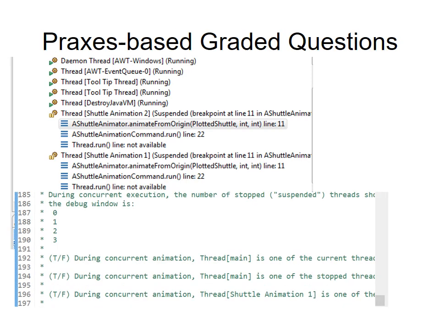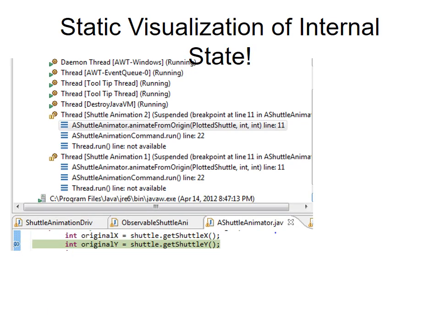And to reinforce the right things, I ask them questions afterwards: okay, how many threads were there? What were the threads? What were they doing? So that it drives home that there are actually these threads that are computing to form the result, and so they see it very concretely. What's great about this visualization is that it shows the internal state.